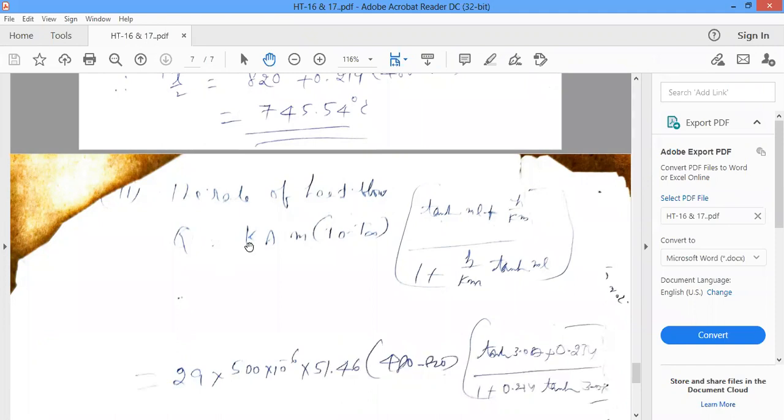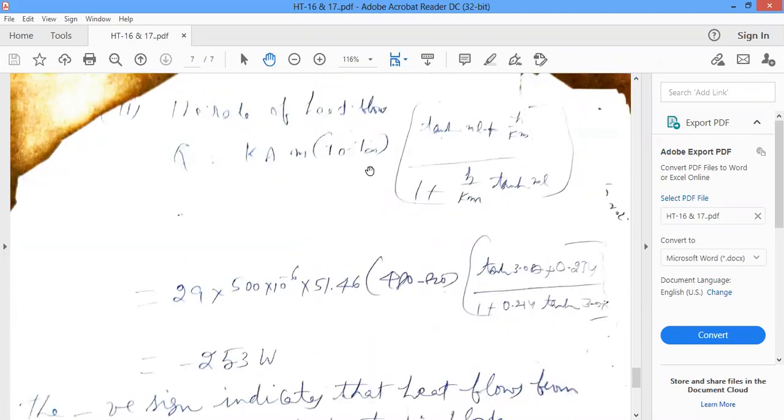Q is equal to, we have the formula, k A m into T naught minus T free stream into tanh ml plus h by km, divided by 1 plus h by km into tanh ml, or square root of hPkA into T naught minus T free stream into tanh ml plus h by km, divided by 1 plus h by km tanh ml.